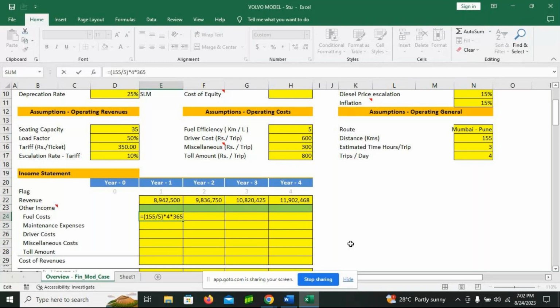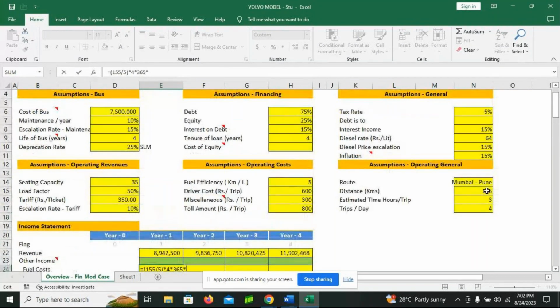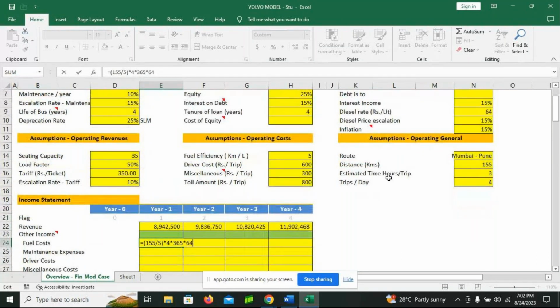And here, okay, I did not take the diesel cost, that is 64. So here what I have done: 155, that is the distance, divided by 5, the fuel efficiency, into the number of trips, 4 trips, and that should be calculated for 365 days, and the cost of diesel is 64.